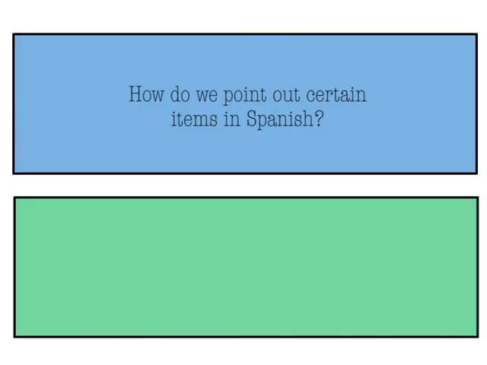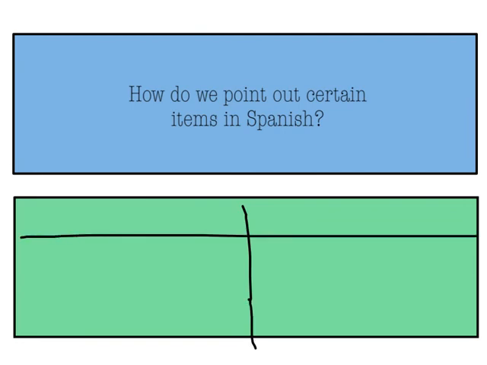So how do we point out certain items in Spanish? That was our goal this video. I hope you feel like you both remembered a lot from what you learned in Spanish 1 and that you understand aquel and aquella well. But if I were you, I would go ahead and make our little chart where we have singular and plural.